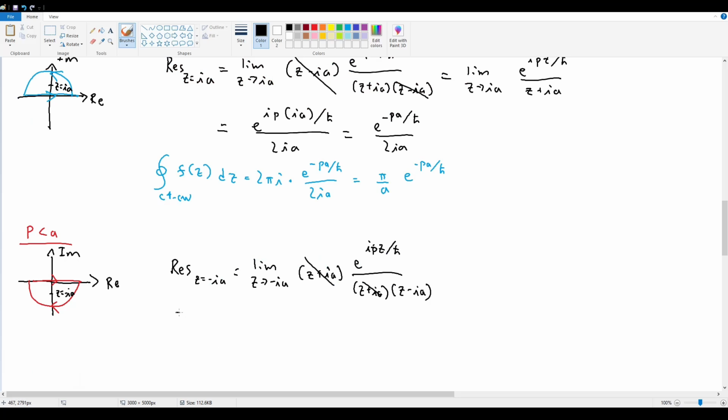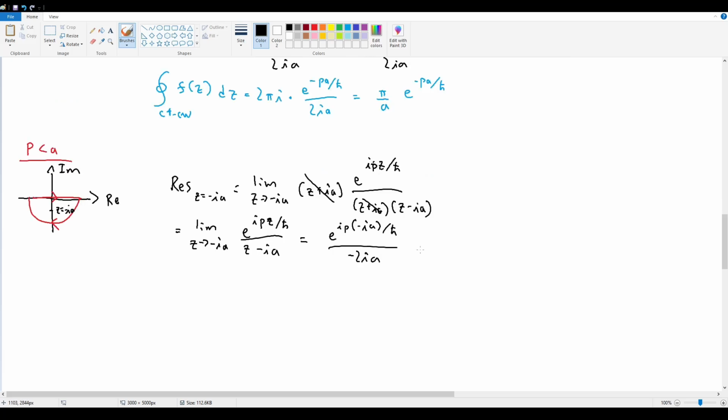What you're left with is the limit as z goes to negative ia, whoops, left out the negative, of e to the ipz over h bar divided by z minus ia, in which case this is going to equal e to the ip times negative ia over h bar divided by negative 2ia. Writing this out fully, the two negatives cancel out and make a positive, so e to the power of pa over h bar divided by negative 2ia.